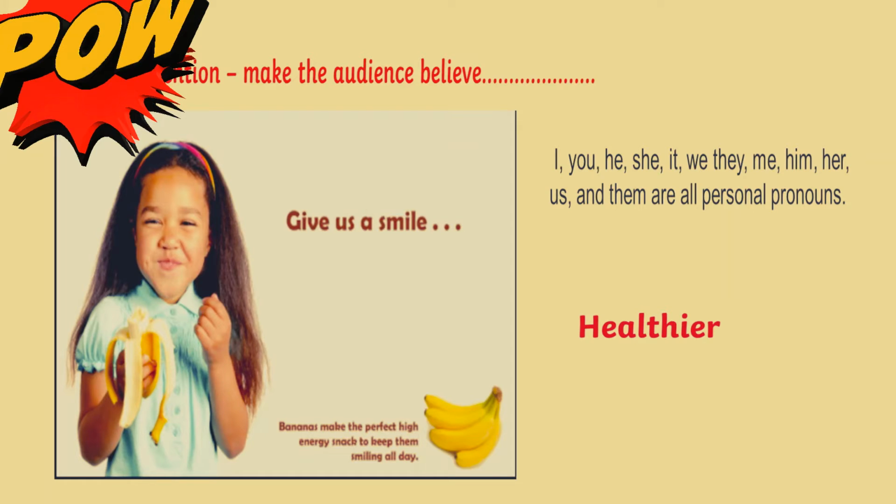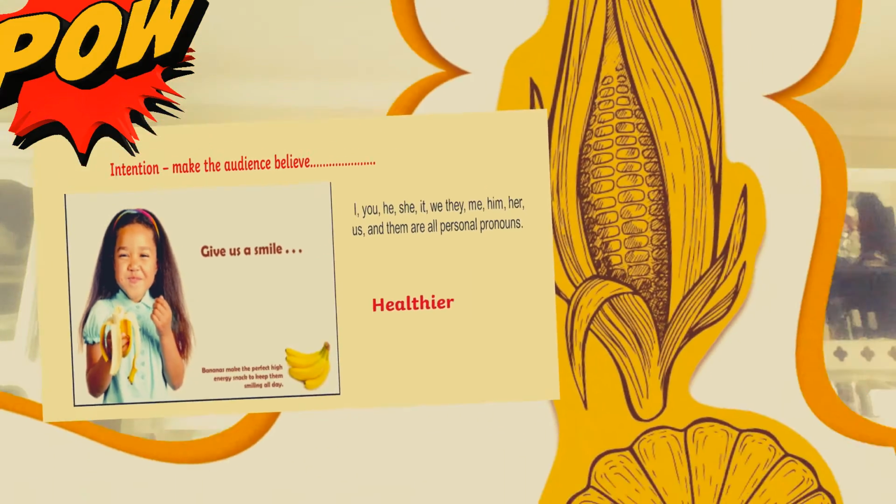The wording is "us," and that's important because the advert needs to be inclusive. To persuade, you need to be thinking about including the reader and identifying that you can do something. So even though this is about being healthier, identifying the idea of a snack, the pronoun there is one of the most important things to make the audience believe.